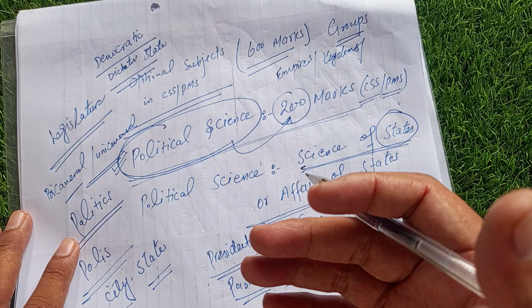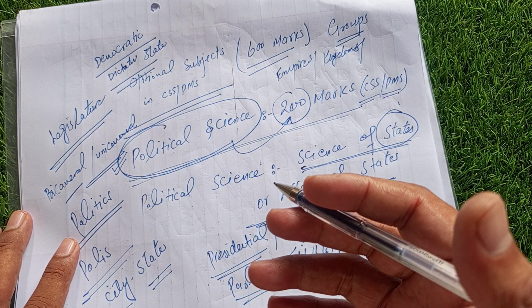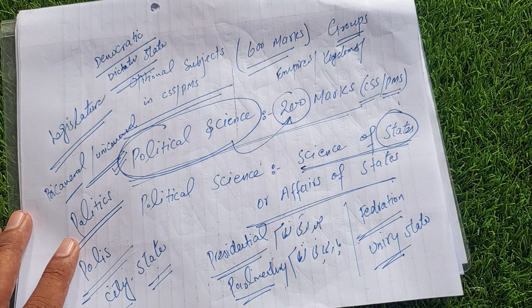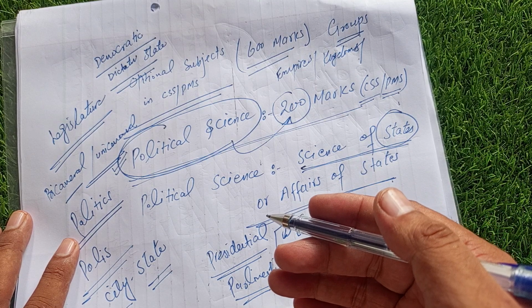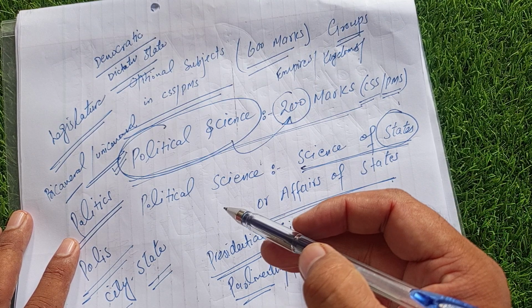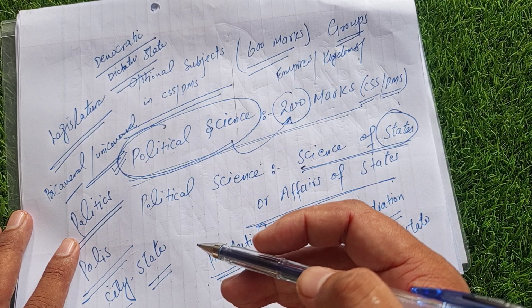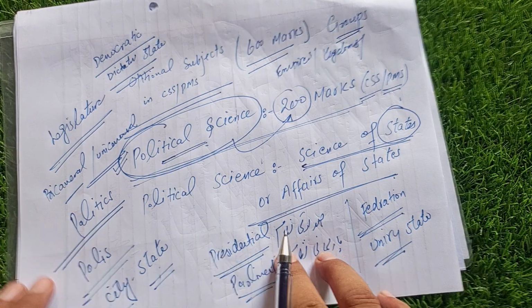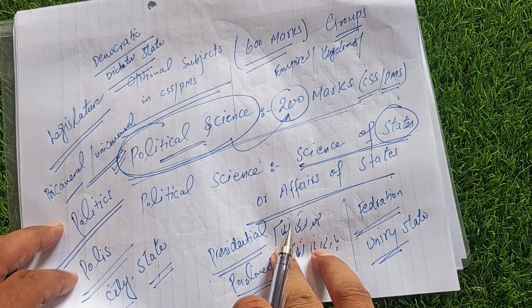If we talk about English essay, or Pakistan affairs and current affairs, this subject gives in-depth thoughts for those subjects. So one thing is decided, that political science is a very important subject in competitive exams, for both papers of 200 marks.